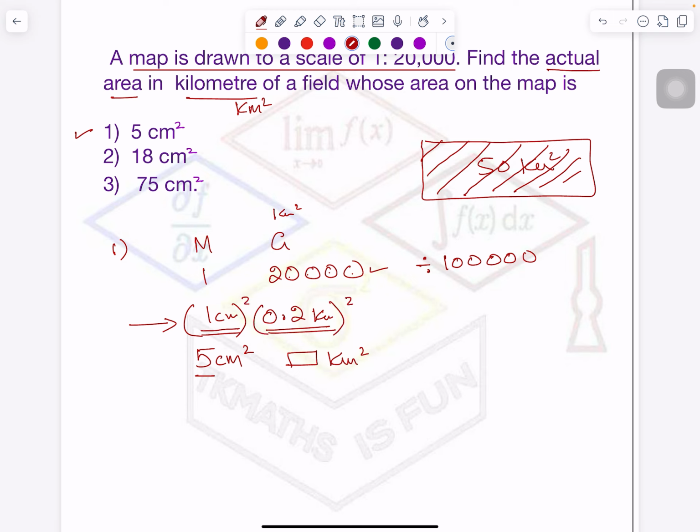Now it will become map is to ground as 1 square is to, I'm talking about this, and centimeter square is square centimeter. What is 0.2 square? Suppose I also don't know and calculator is not allowed, so you can multiply it like this.